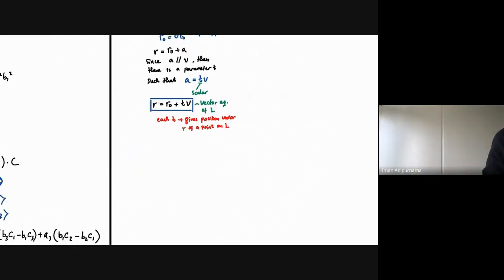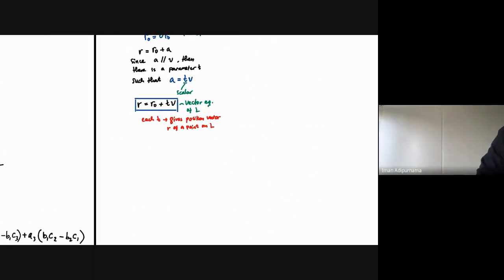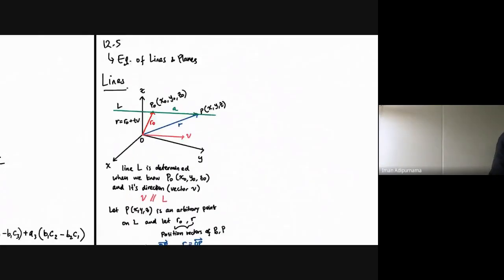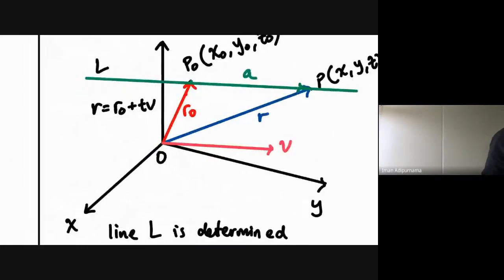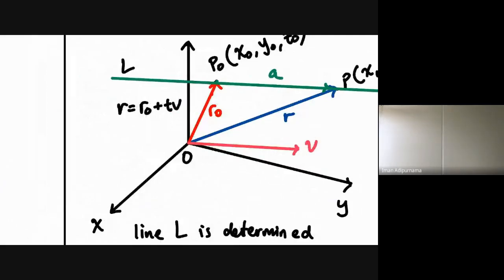To give some explanation, if R is on the left side of R0, then t is negative, right?